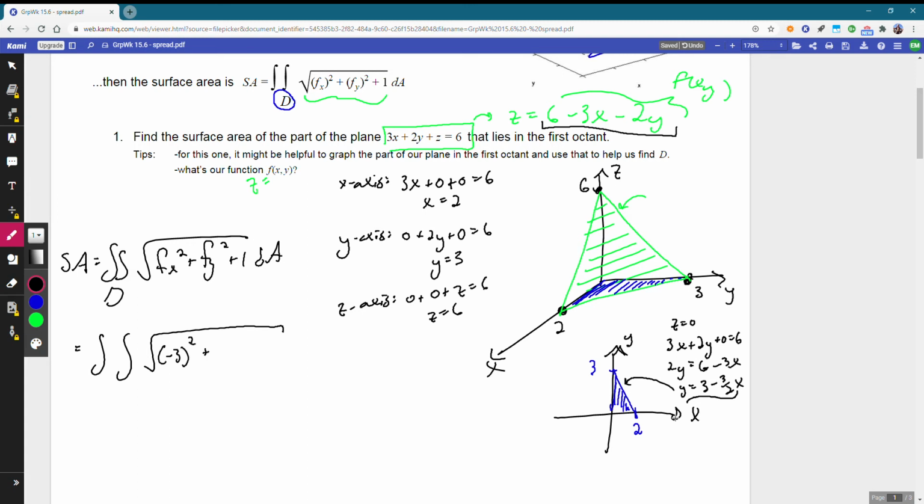We'll square that. And the partial with respect to y is -2. We'll square that, plus 1. Let's simplify that real quick. We have root of 9 plus 4 plus 1, so that is root 14. Yay.